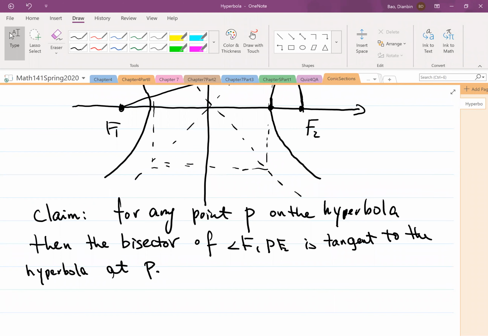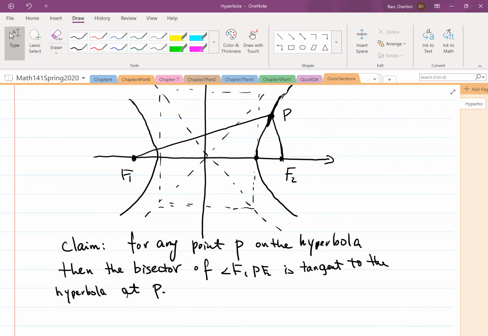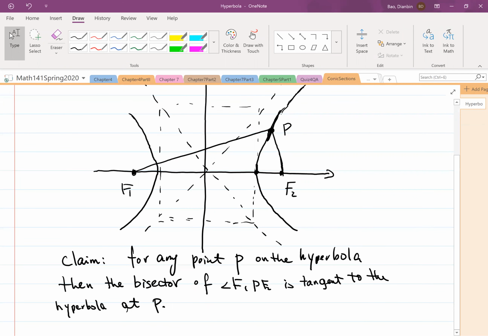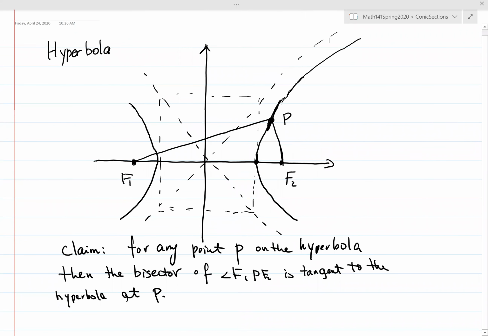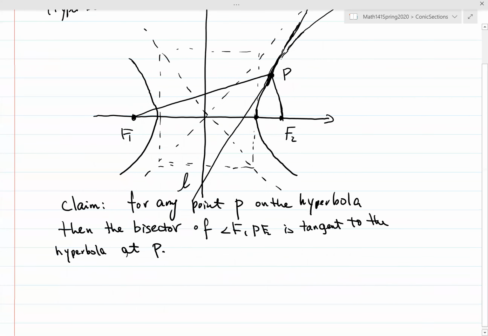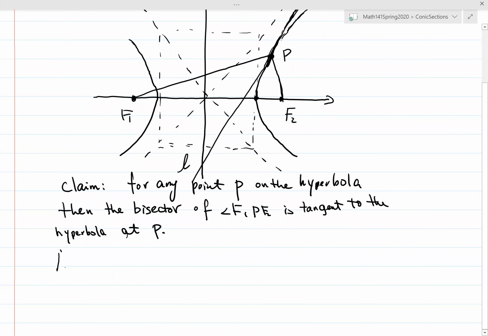Now if we assume this claim, that the tangent L is the bisector, then what we can conclude is the following.